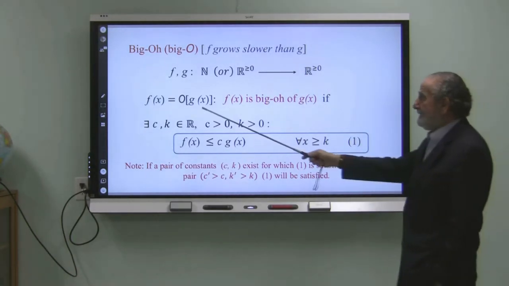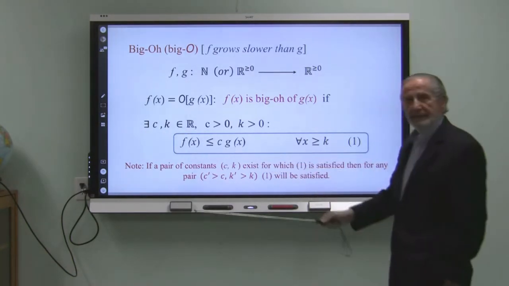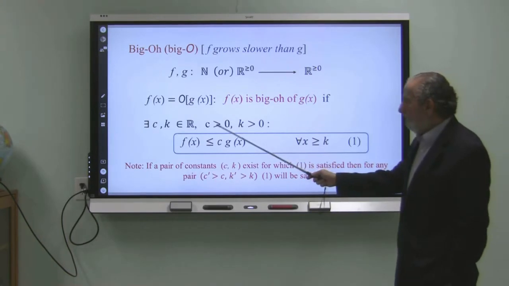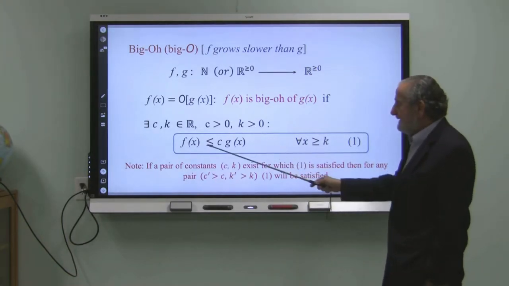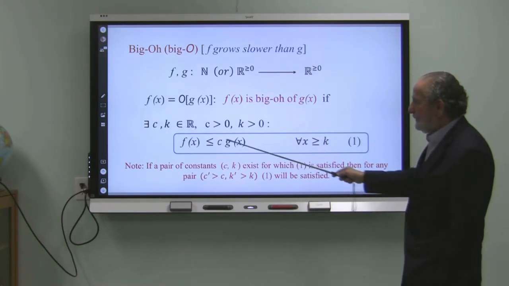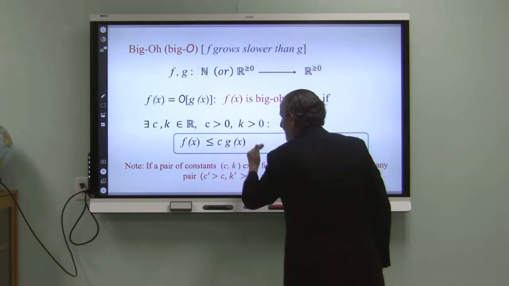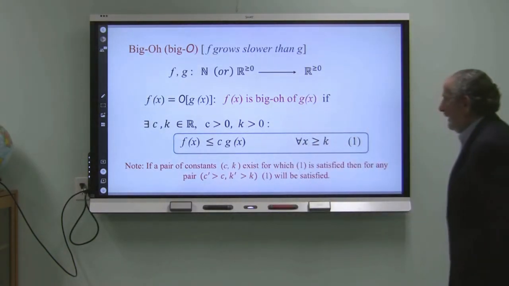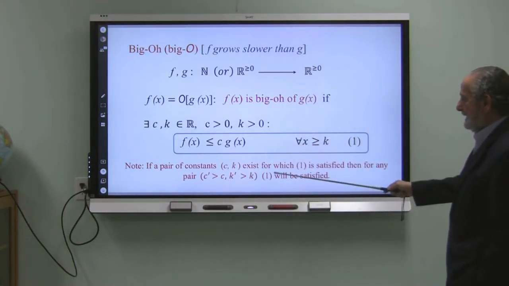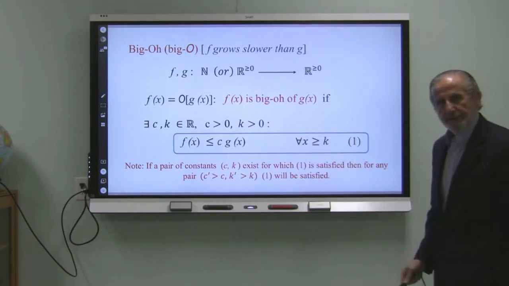So f(x) is Big O of g(x) if you can find two positive constants, C and k, such that f(x) is less than or equal to C times g(x) for x greater than k. So f(x) is bounded from above by g(x). And it's very easy to see that C and k are not unique.